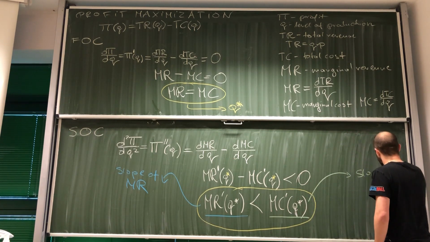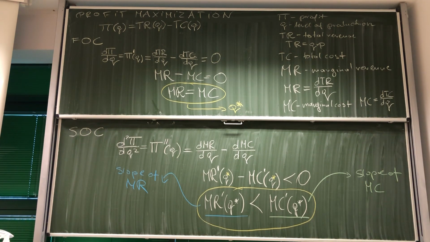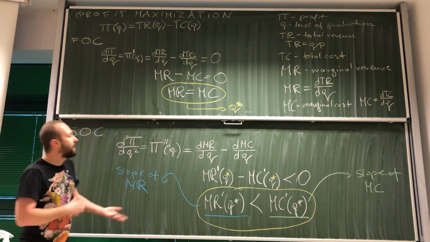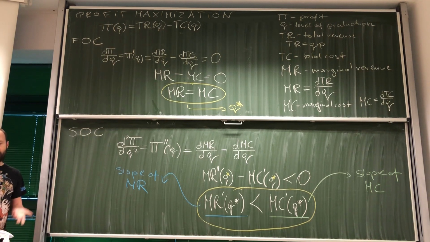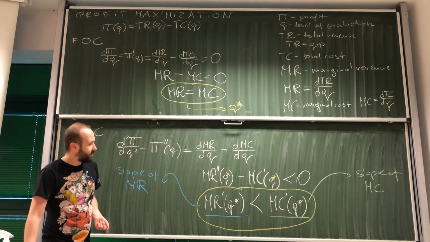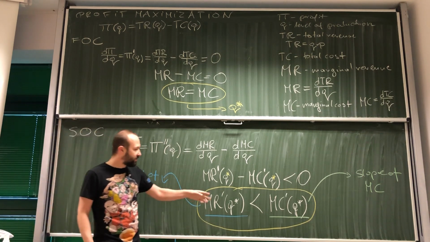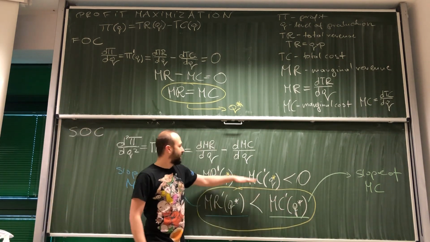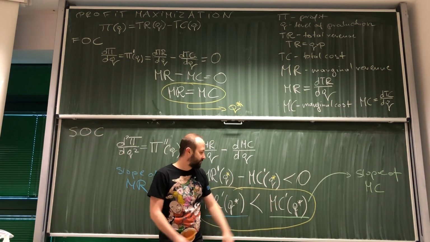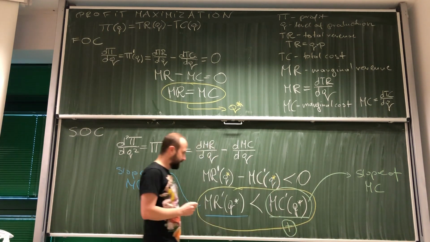And look, even though in theory a lot of things are possible over here, how does it look in practice? Marginal cost is an increasing function. What does it mean? If this function is increasing, then the slope of the marginal cost function is going to be positive.